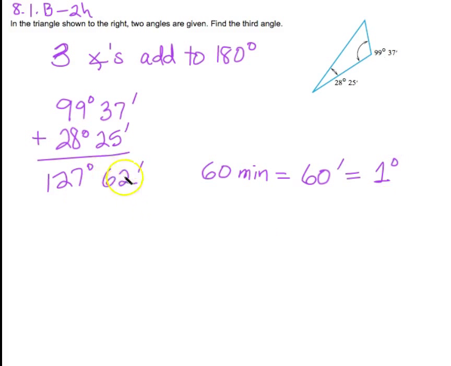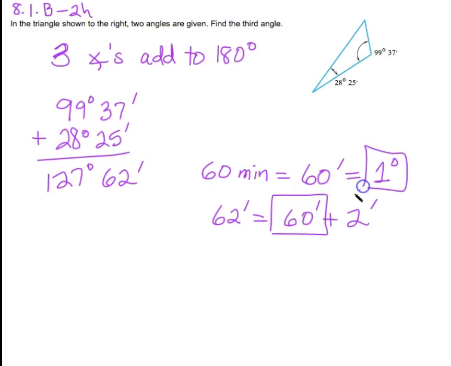So we see 62 minutes. 62 minutes can be written as 60 minutes plus 2 minutes, and we know that 60 minutes is the same as 1 degree. So this is 1 degree plus 2 minutes.